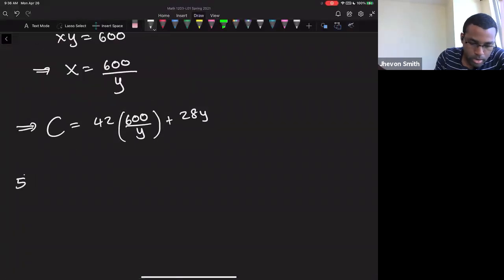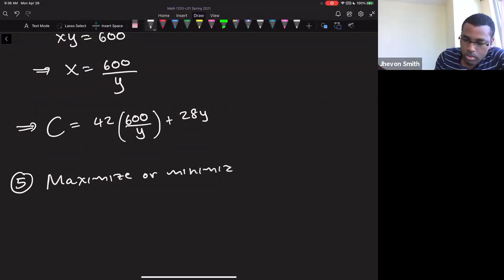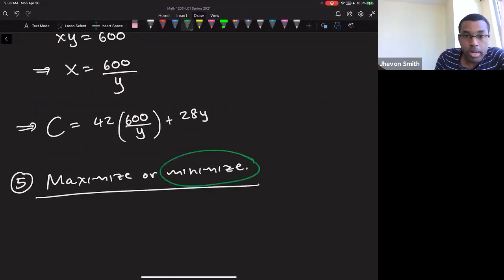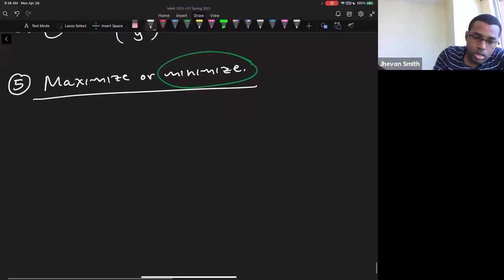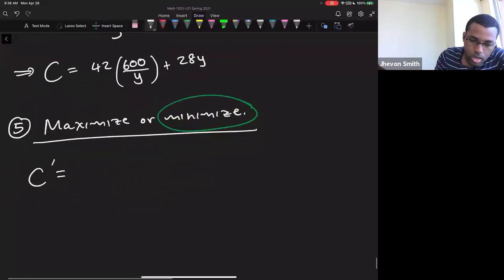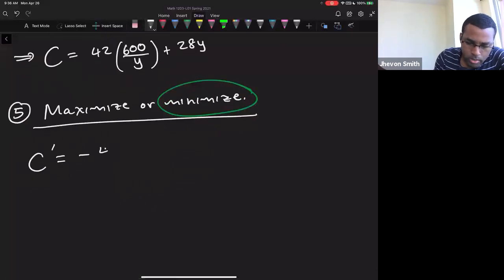Now moving on to step 5, we're going to maximize or minimize. Here, once again, we want to minimize. Doesn't matter, either way, we're going to find C prime, which in this case is going to be minus 42 times 600 over Y squared plus 28.